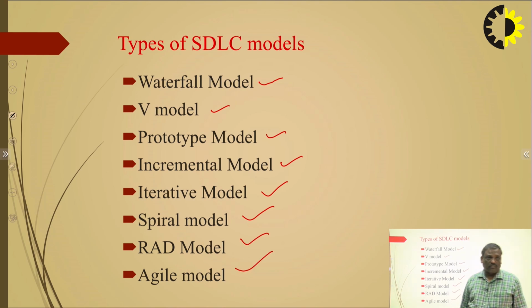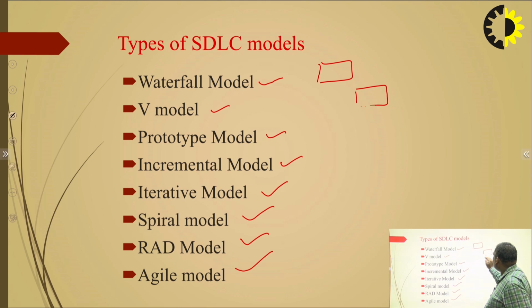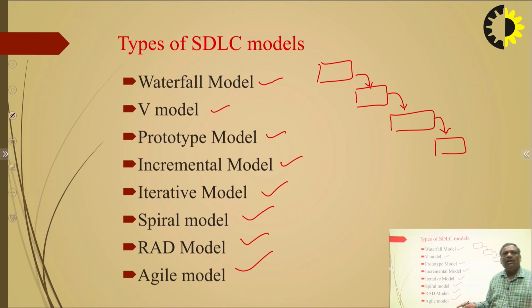In the waterfall model, when we complete phase 1, then we move to the next, and we cannot come back to the previous phases. That is the waterfall model. The limitation of the waterfall model is that we cannot come back to the previous phase.